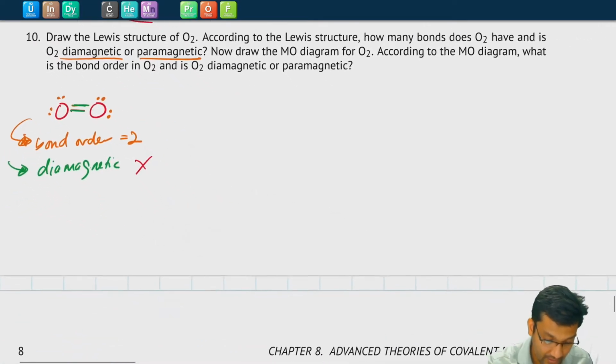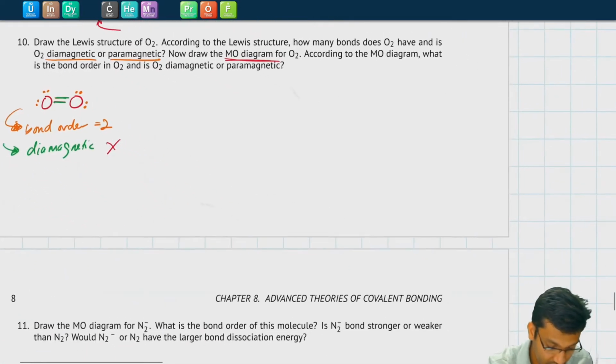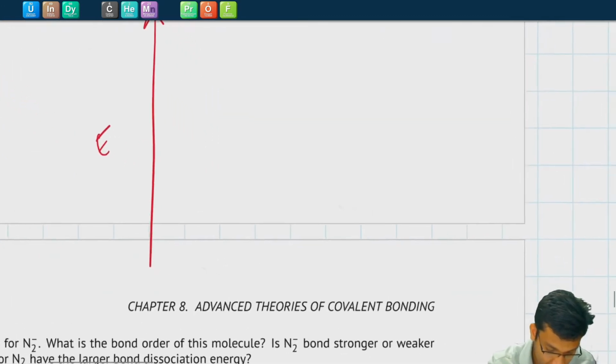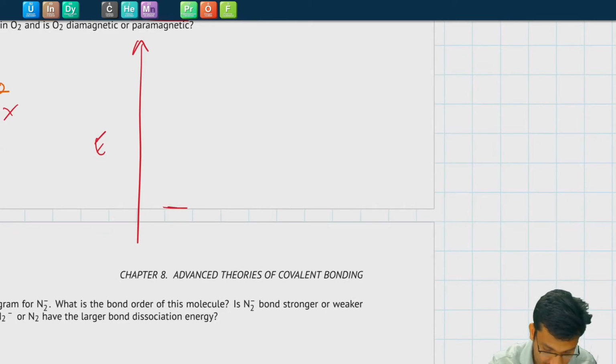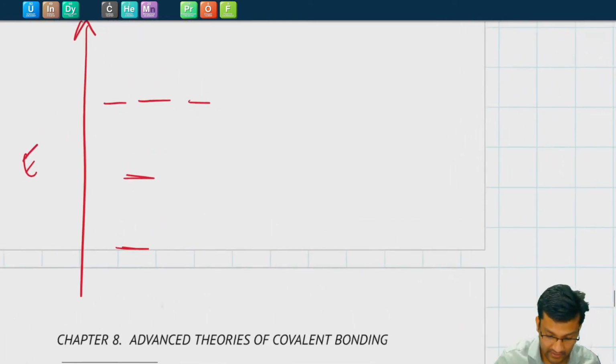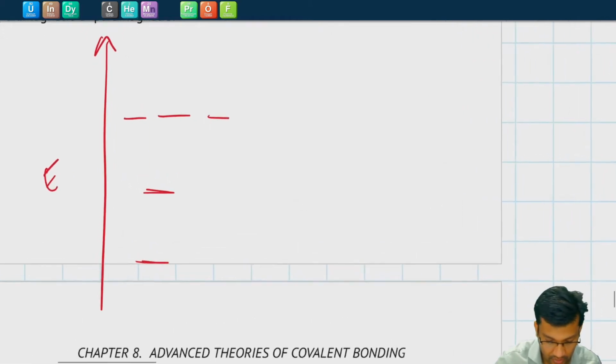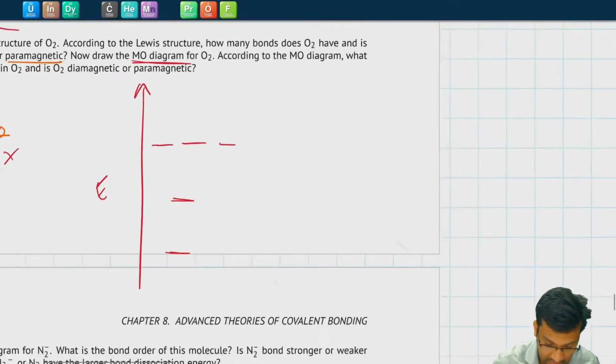All right, now let's look at the MO diagram for O2. For the MO diagram, we're going to go up this way in energy. Oxygen, we know, has 1s, 2s, and then 3 2p orbitals, increasing in energy. I'm going to do all of it, and then I'm going to show you why we can ignore some of it later.